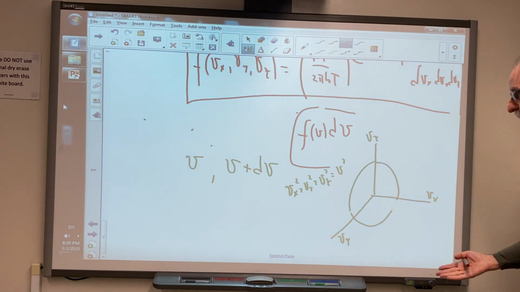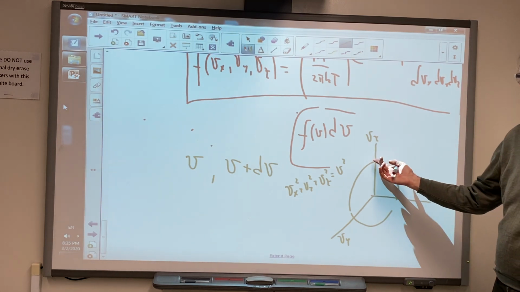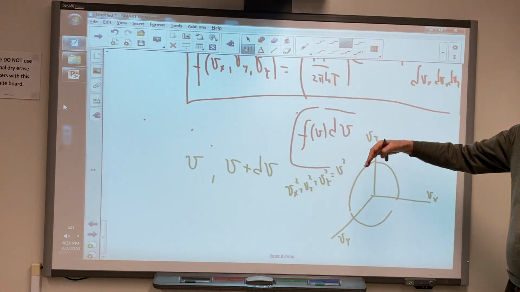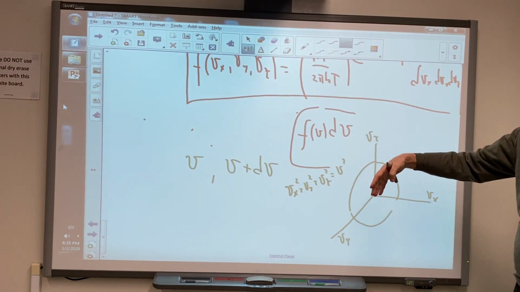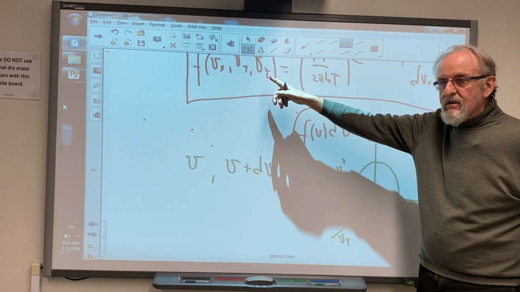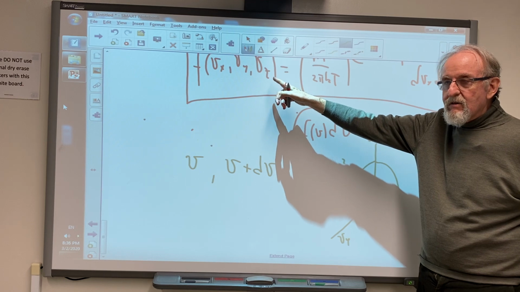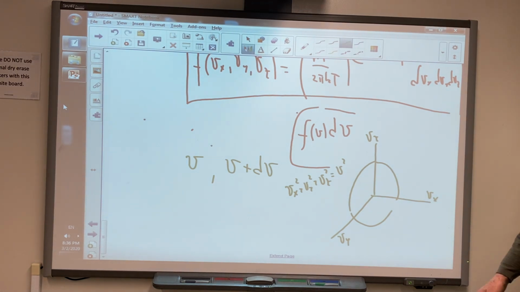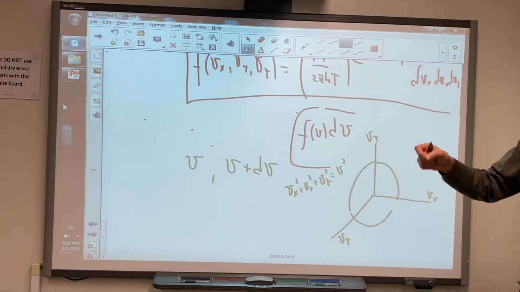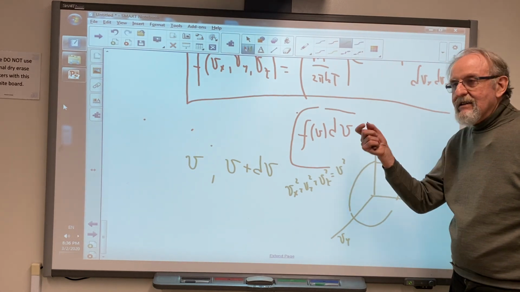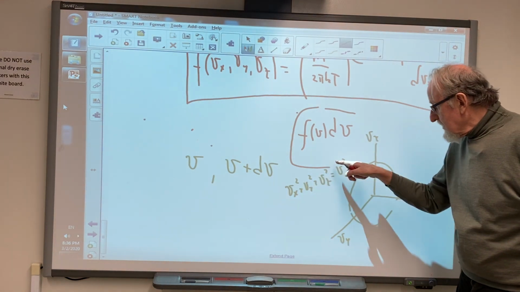So I need to calculate the volume of that spherical shell and then multiply by the number of states that fall inside there, which I know because I already calculated it in any region of space. So the question is how many states do we have such that the speed is given by this.